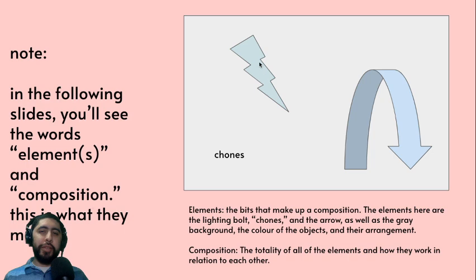For example, this lightning bolt, this arrow, the word chonies, the gray background, those are elements, and putting them all together, that makes a composition. Think about it as ingredients in a soup. A composition would be the entire soup, and the vegetables would be the elements that make up the soup.